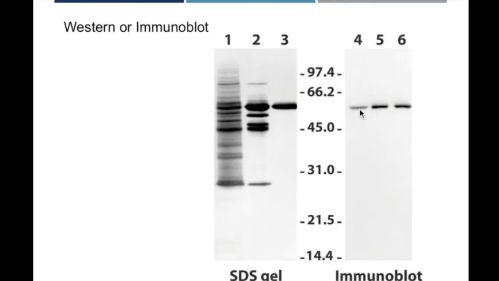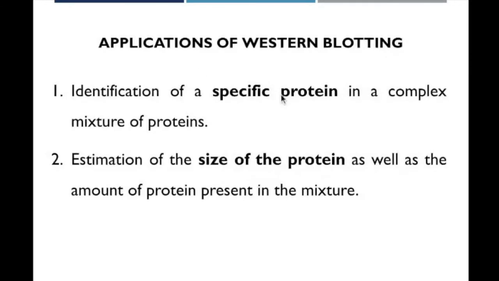It is the same protein because it has the same molecular weight, maybe 50-something. So number 5 is the highly expressed protein. That is the purpose of doing Western blot. The application of Western blot is the identification of a specific protein in a complex mixture of proteins, and estimation of the size of the protein, as well as the amount or expression of the protein in the mixture.